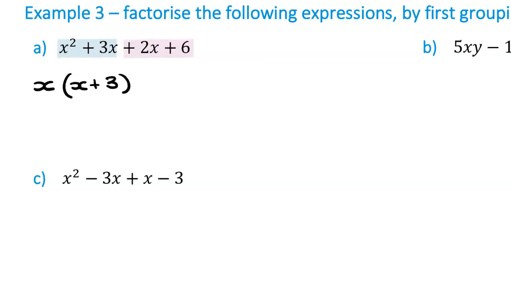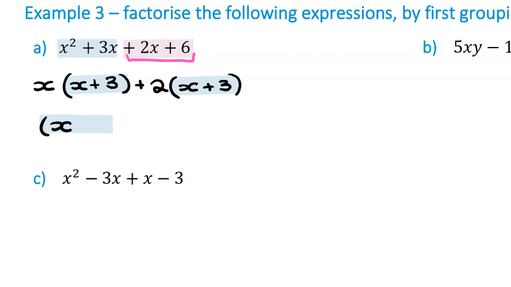Okay, now let's do the second half. Let's factorize this pair here. Our highest common factor will be 2, and we're going to need a plus 2 there because it's positive. Then inside of our brackets, we're going to have x plus 3. Aha! I notice that when we did our factorizing here, we had, just like in the previous questions, a common factor bracket, and that was x plus 3.